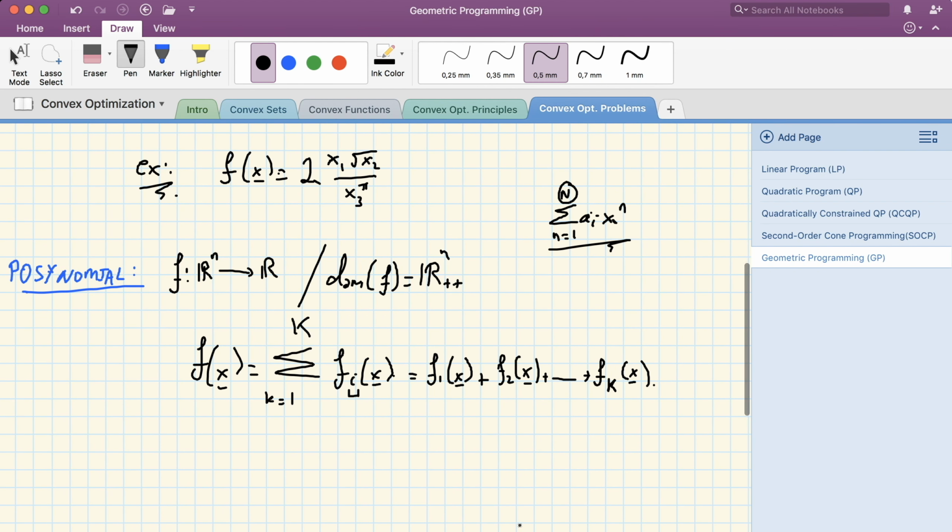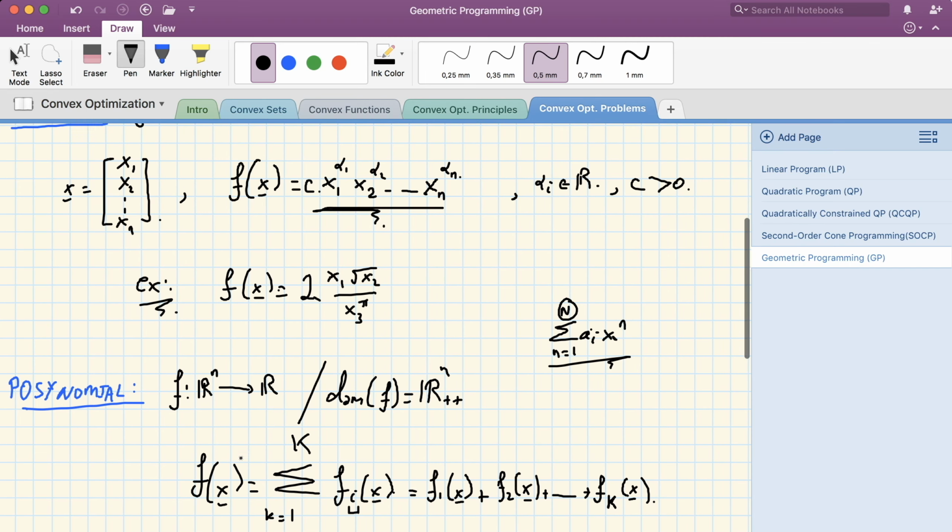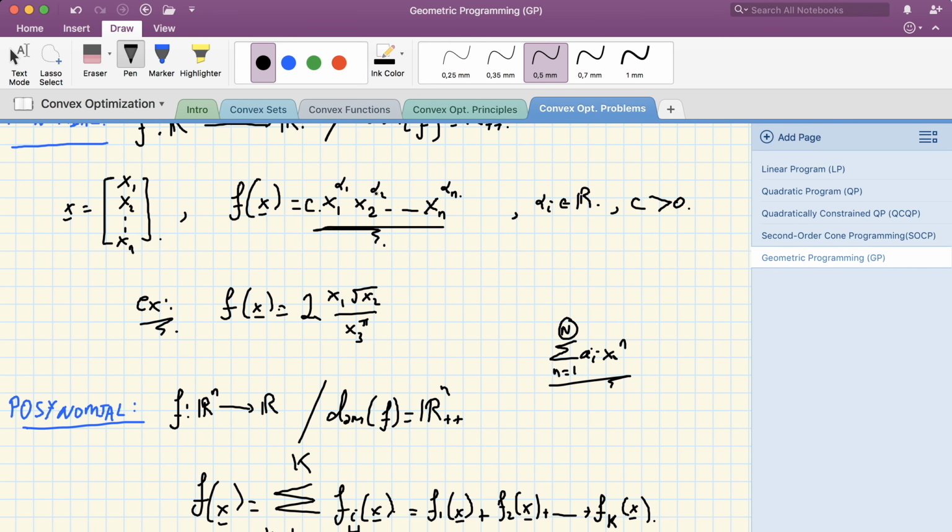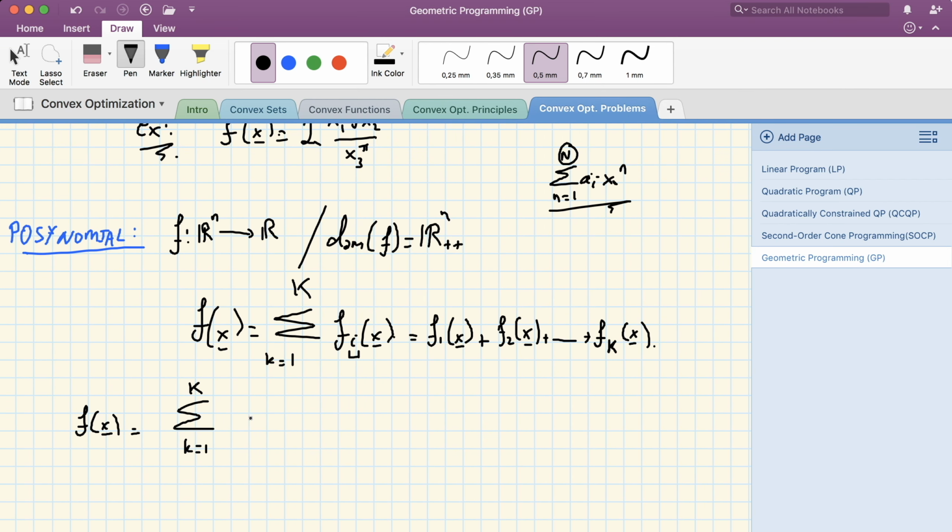Now, some nice properties about posynomials is that they're closed under addition. So if I grab a posynomial, let's say f, which is a sum of monomials, so the generic form of posynomials is just to set an index k on each and every one of those exponents and the c. That being said, I could write it as follows.